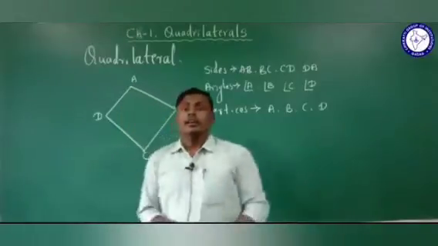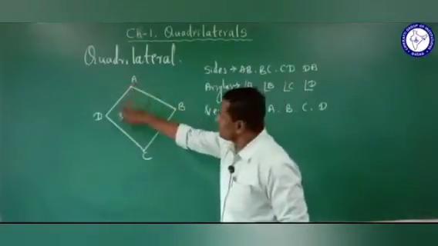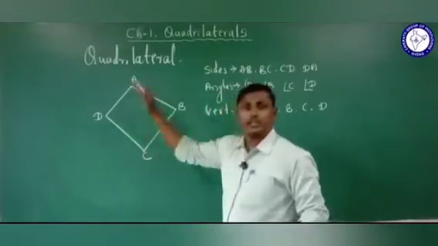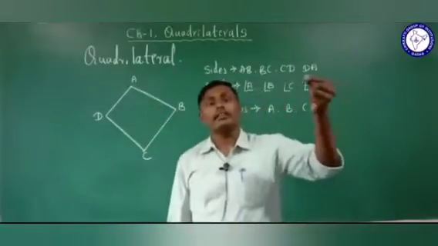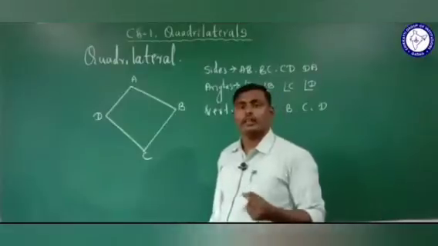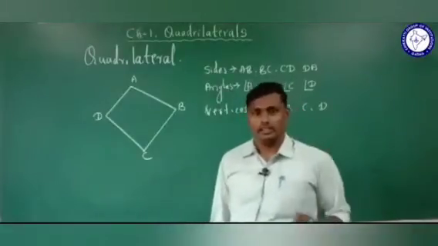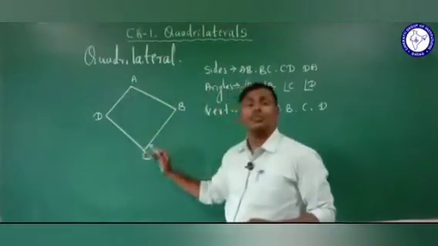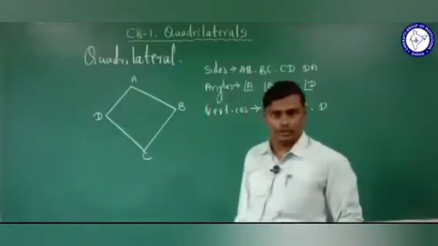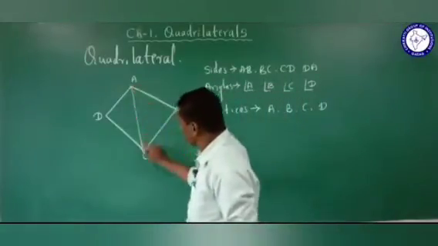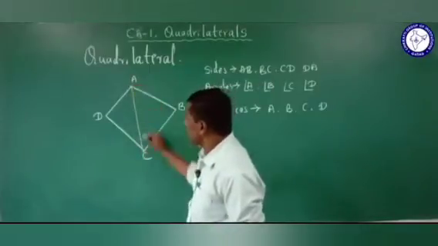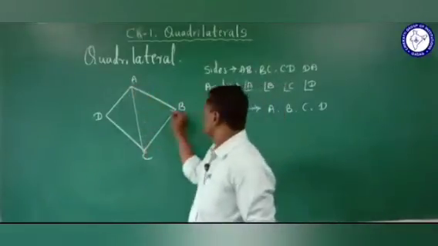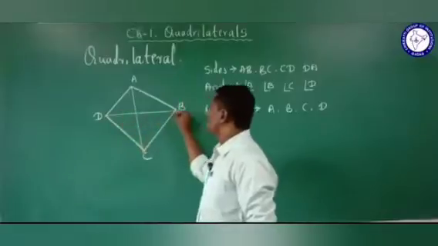Okay, just observe these points A, B, C, D. By joining opposite vertices, we get one term, that is diagonal. A diagonal is the line segment which joins opposite vertices of any polygon. So AC is the diagonal which joins point A to C, and we can draw one more diagonal, BD.